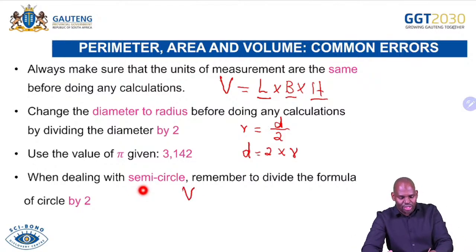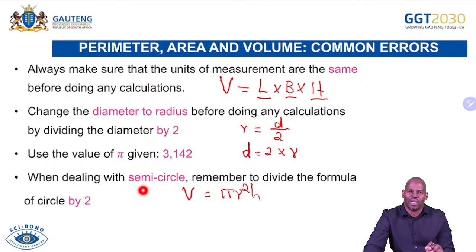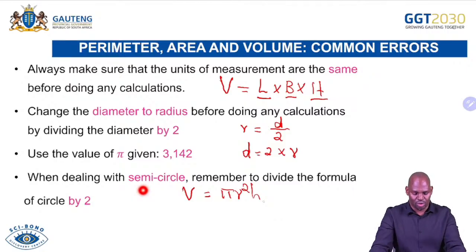We know that the volume of a cylinder is pi r squared h. That is for a full cylinder. But if they say half of a cylinder, then you divide this by 2.